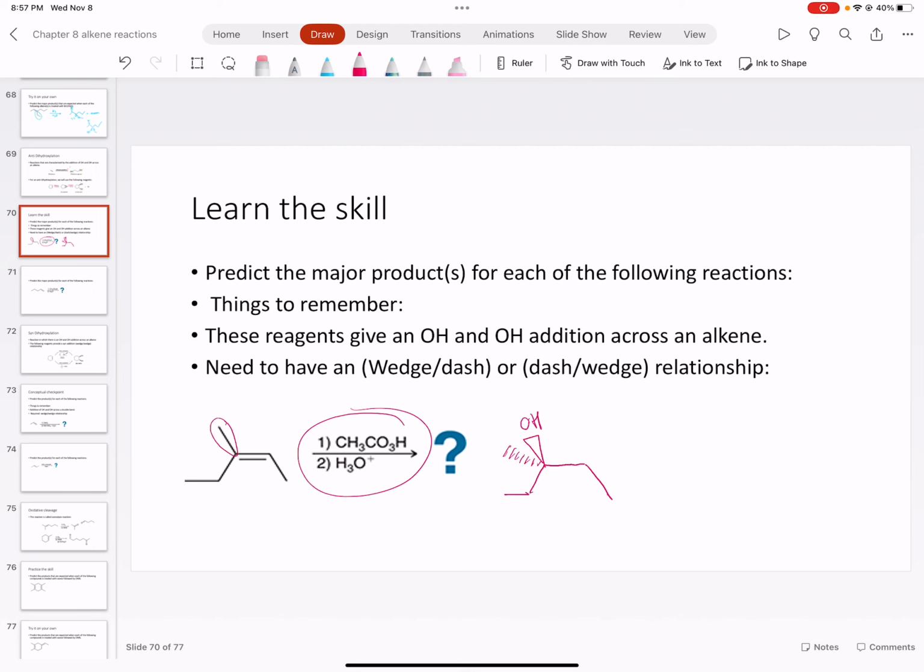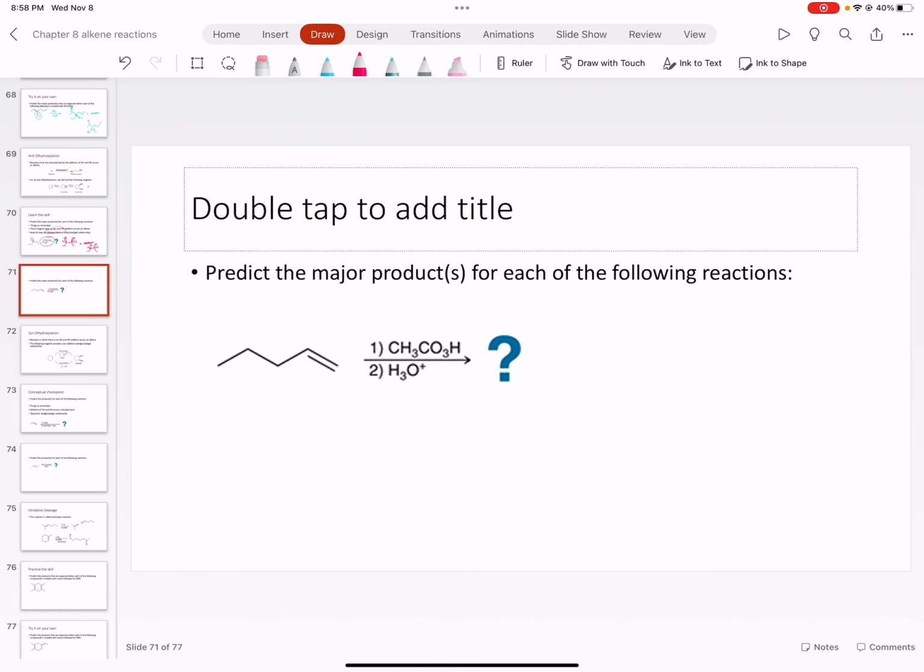Since we have to do a wedge and dash relationship, my other OH is going to be added as a dash. And then I would just have to draw its enantiomer, which will be this one. And then you can try it on your own.